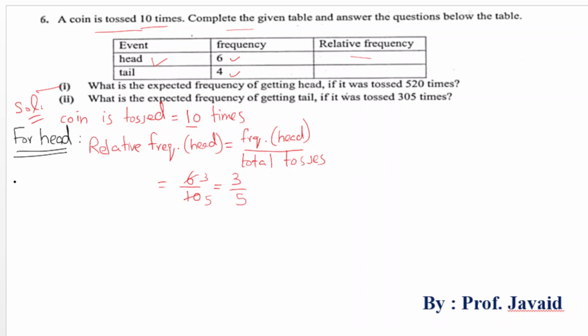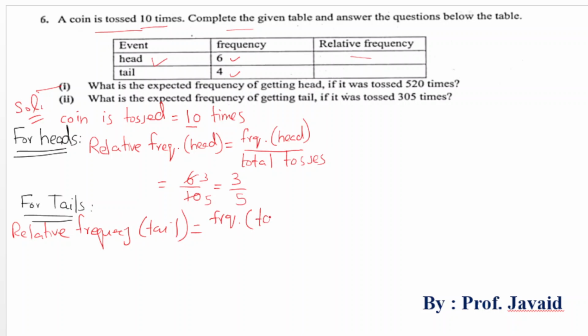Then we will do for tails. The same thing you will write again: relative frequency for tail is the frequency for tail divided by total tosses.